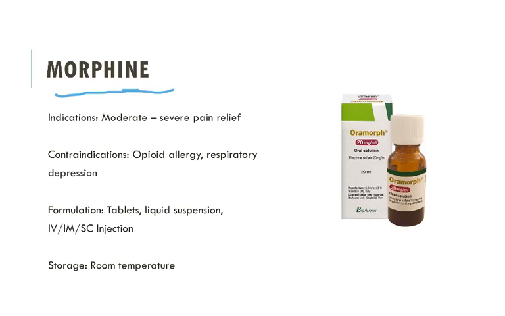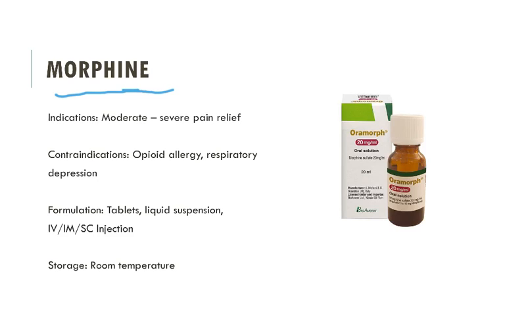Okay, so morphine shouldn't be given to anybody who has an opioid allergy or respiratory depression. Opioid is a type of medication that morphine is. There's a number of different medications in that category, but morphine is classed as an opioid.